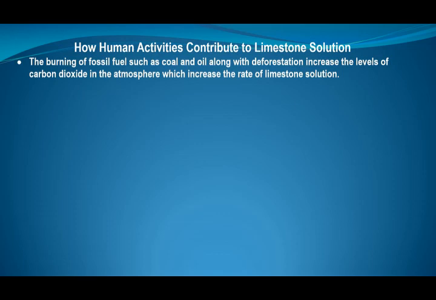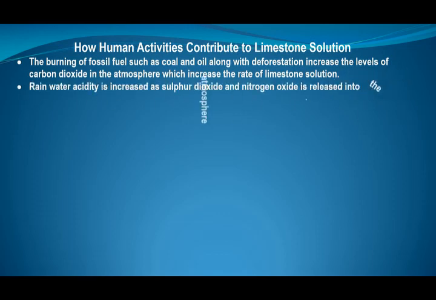Now remember, carbon dioxide when mixed with water turns it into a weak acid known as carbonic acid, which when it interacts with the limestone turns it into calcium bicarbonate and thereby removes it in solution. The acidity of rainwater is also increased when we release chemicals like sulfur dioxide and nitrous oxide in the atmosphere.